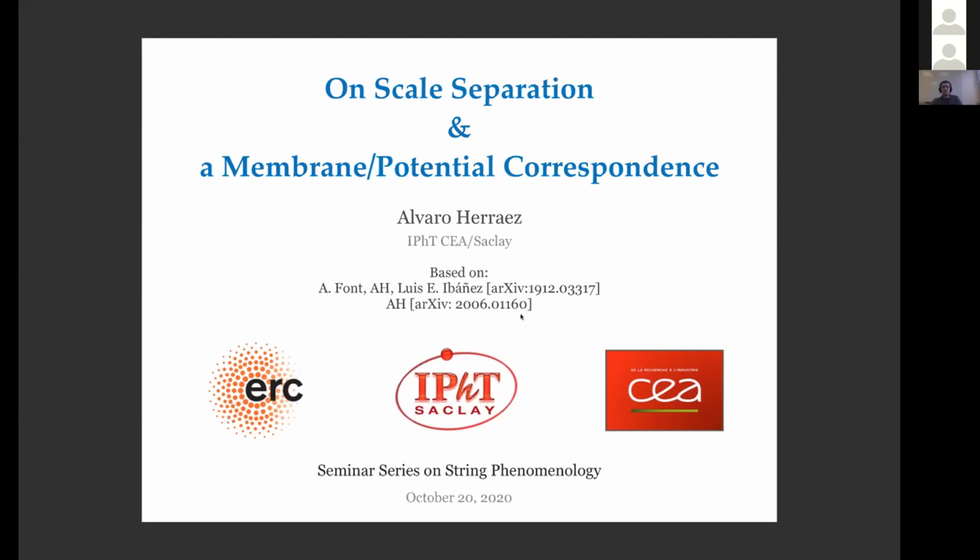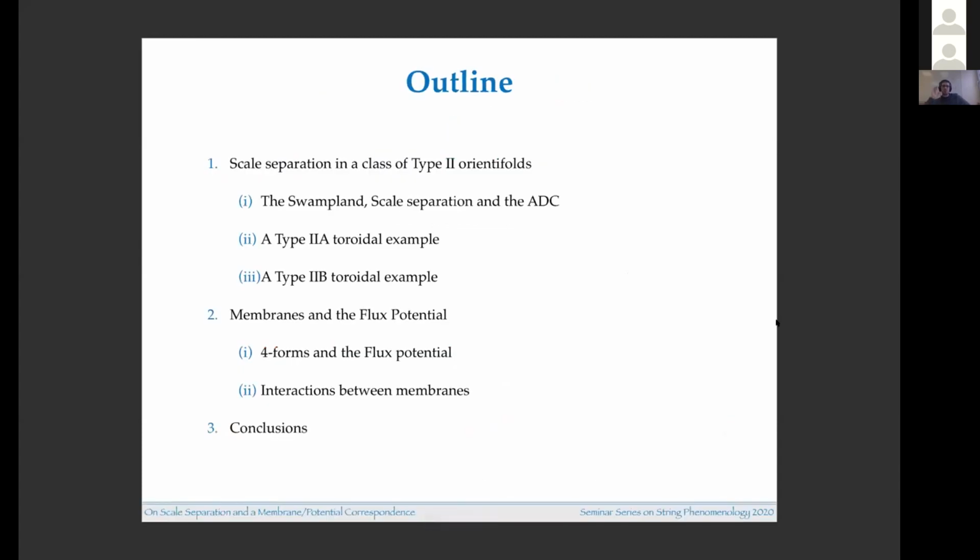So let me begin with the outline of the talk. As I said, it has two parts. In the first one, which is about the scale separation in a particular class of type 2 orientifolds, I will very quickly recall the relevance of scale separation in the context of the swampland and in particular of the Anti-de Sitter distance conjecture.